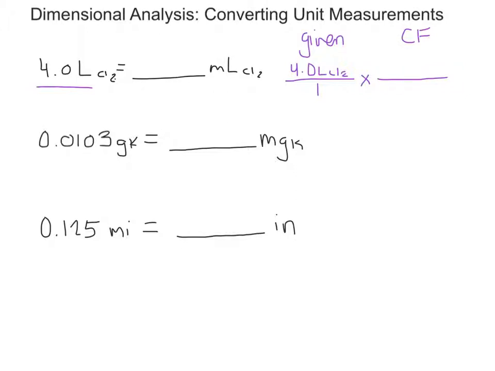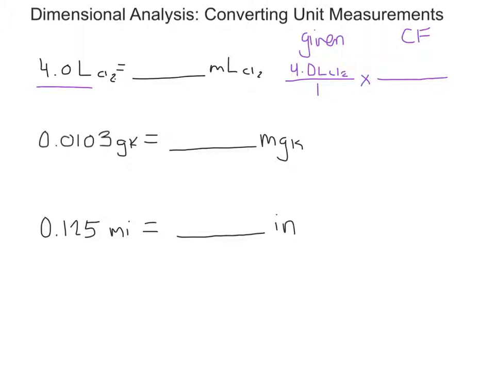In this circumstance, the number on the top is going to equal the number on the bottom of the conversion factor because in a sense you're multiplying by 1. You're just changing the unit of measurement. So the value, however much you actually have in real life, is going to be the same.